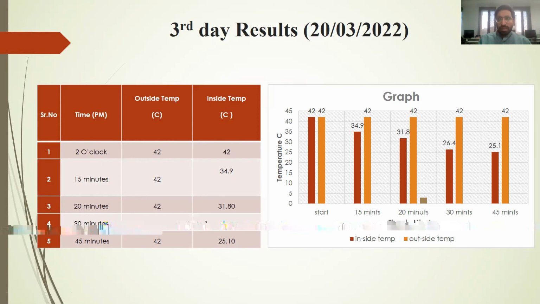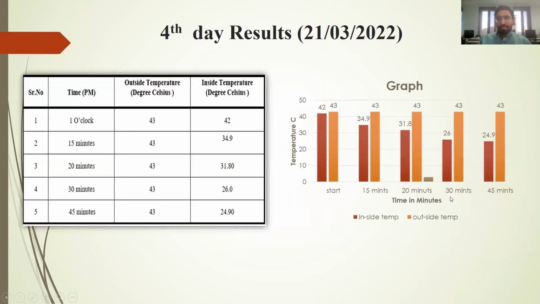This is the result of this table. The graph is showing the temperature on the y-axis and the time on the x-axis. So we can see that the temperature is decreasing with the time.